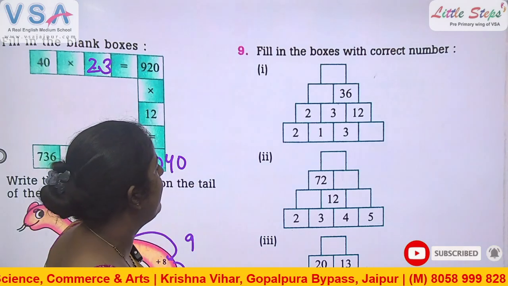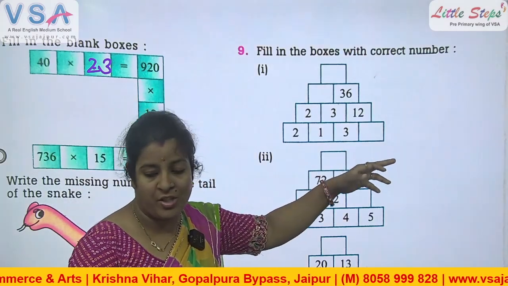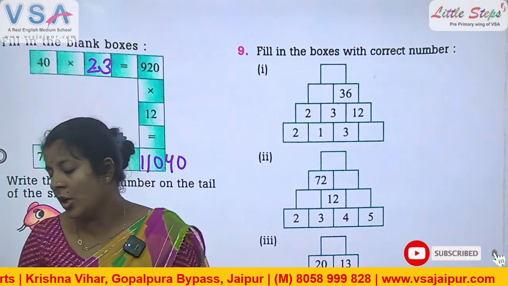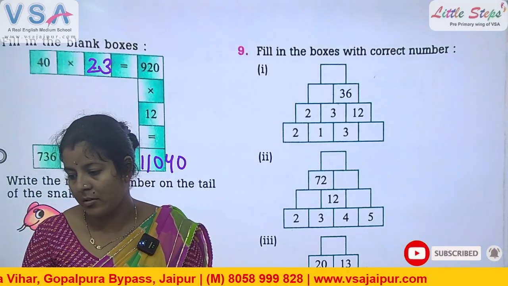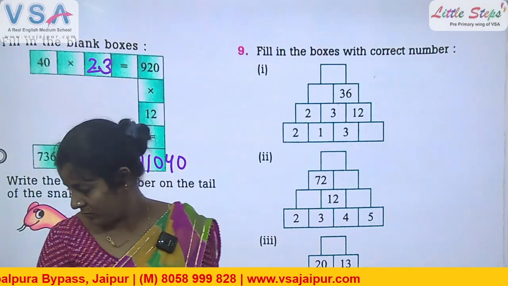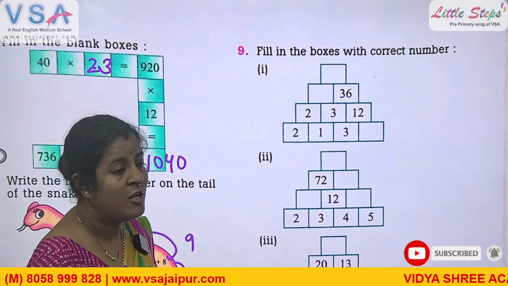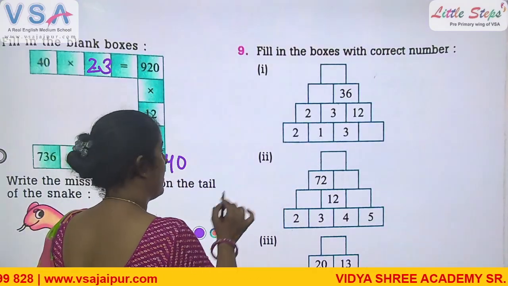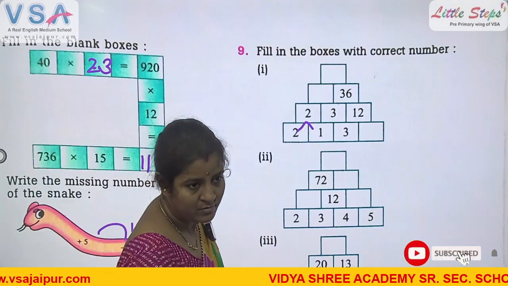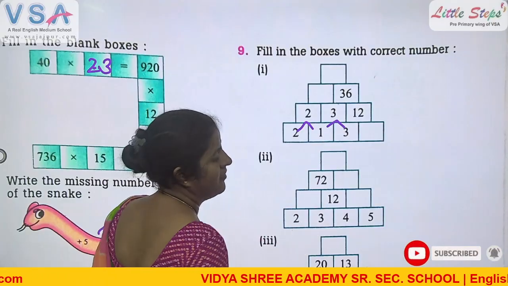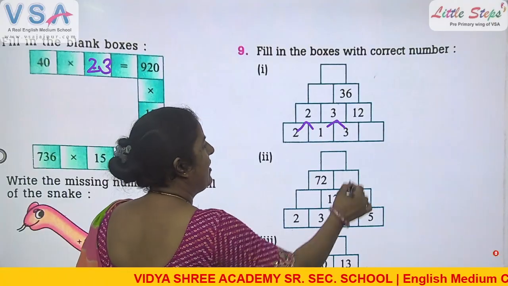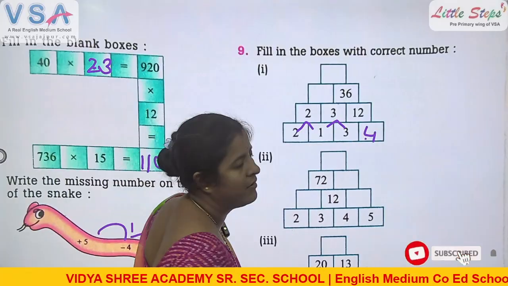So let me start. Don't play, Alkendra. Look at the front. 213 blank 2312. So look at the board. 2 ones are 2, 3 ones are 3. So we can write on this side. 3 fours are 12.